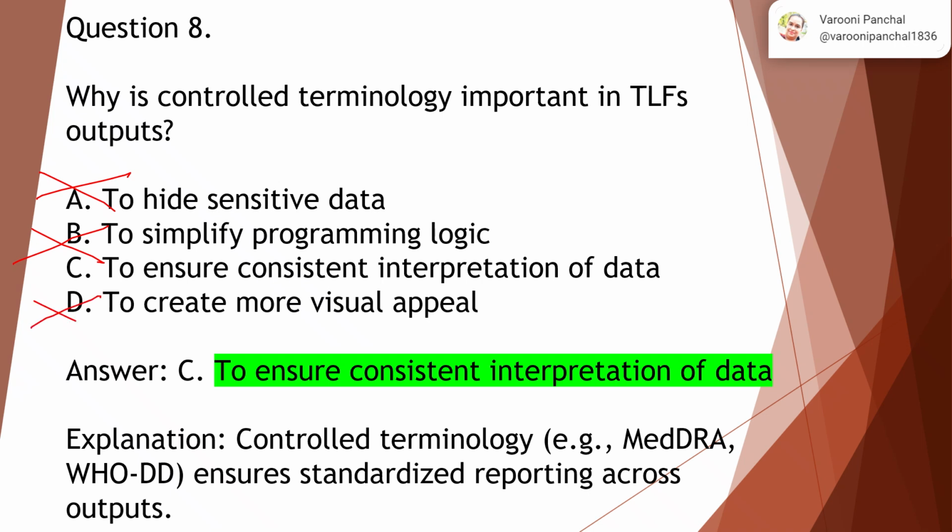No. Visual appeal is not related to control terminology. So the correct answer is C, to ensure consistent interpretation of data. That is why we use CT. Control terminology, for example MedDRA, WHODrug, drug dictionary, ensures standardized reporting across outputs.